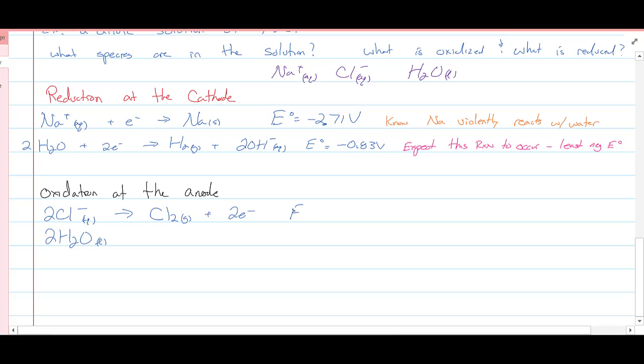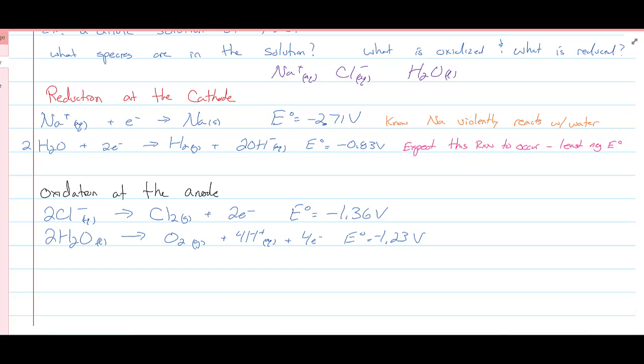That E standard, if we look it up in our standard reduction potentials, is negative 1.36 volts. Water would go to O2 plus 4 H+ plus 4 electrons, and that E standard would be negative 1.23. So we would expect this reaction to occur.